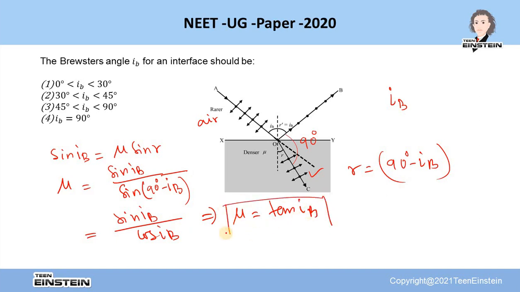And we all know that the refractive index can vary from 0 to infinity. Okay, and again we have got mu is equal to tan iB.